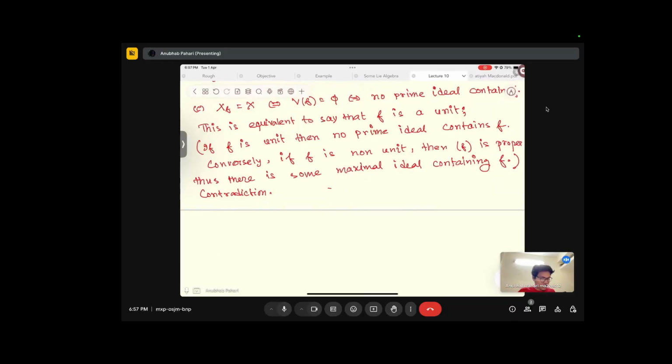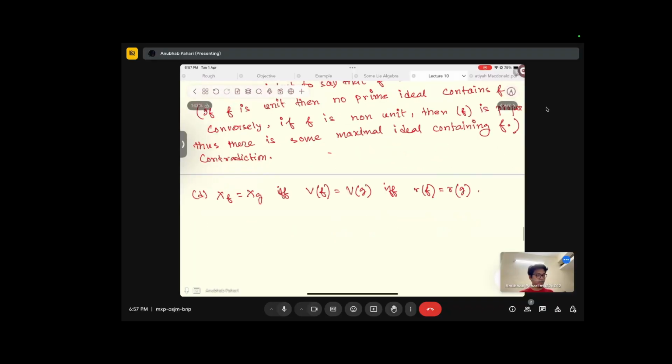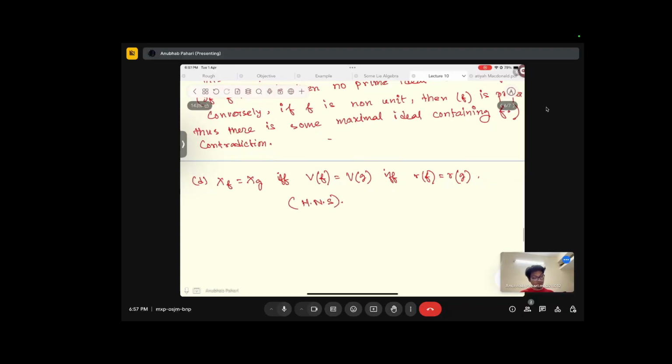So I'll just write it as a one-liner: Xf equals Xg if and only if Vf equals Vg if and only if Rf equals Rg. That is the Hilbert Nullstellensatz telling us this. So yeah, this is a good exercise. Finally, we have found an exercise.